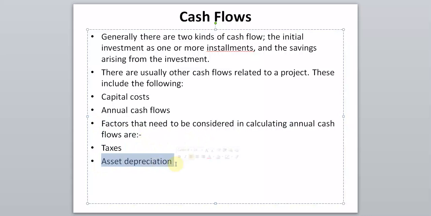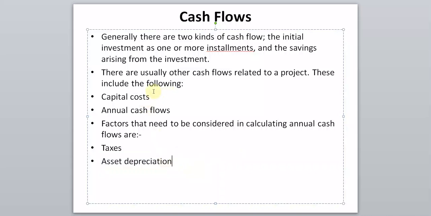If it is depreciated at 20%, and the marginal tax rate is 40%, then the depreciation would be 2 lakh, and the tax cash flow will be 80,000, and this latter amount is what would show up in the costing calculation. That is the asset depreciation.